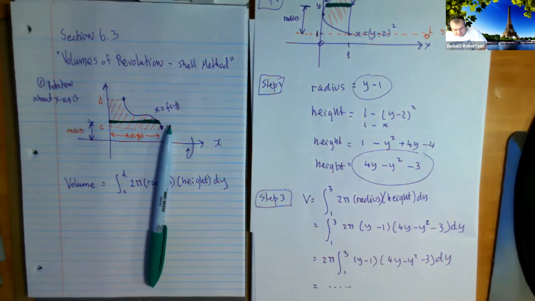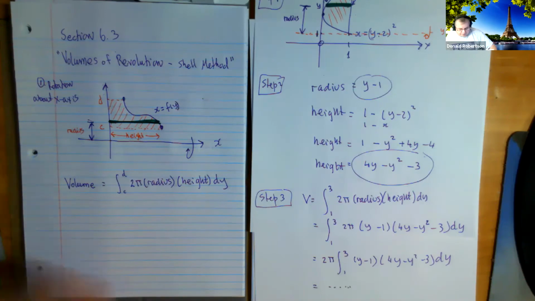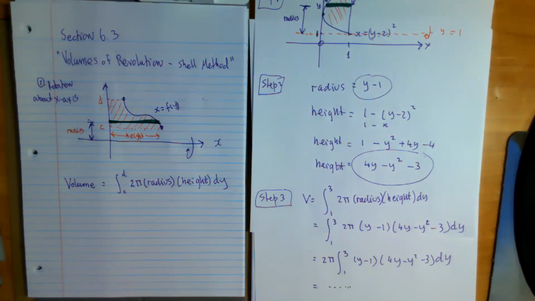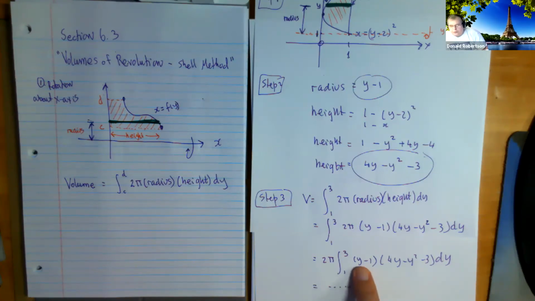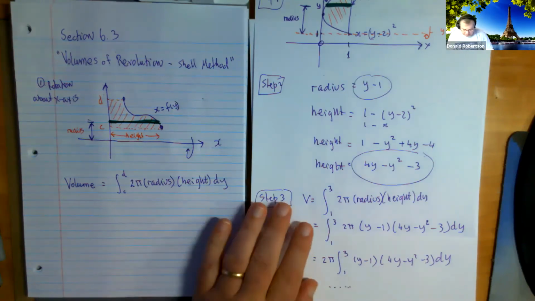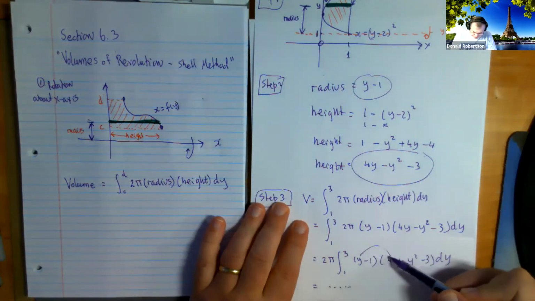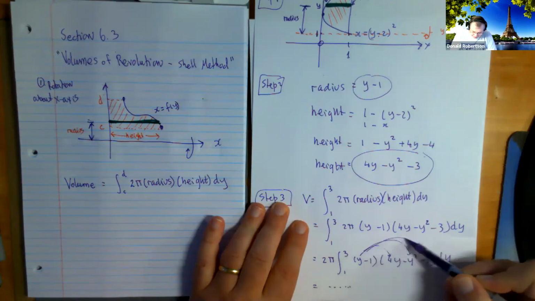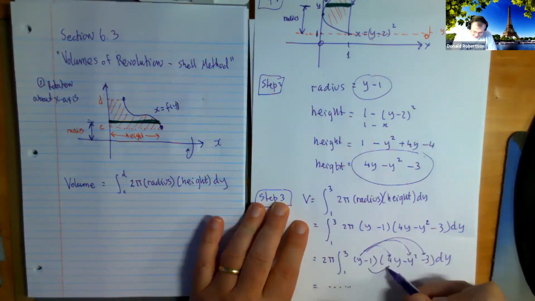Okay, how on earth are we going to integrate this? Distribute first. Yeah, it's just going to be one ugly version of FOIL. Now, normally when you do FOIL, there's 2 and 2, but you can do it when there's 2 and 3. Basically, you take the first guy and you multiply it with these 3. Then you take the second guy and you multiply it with these 3.